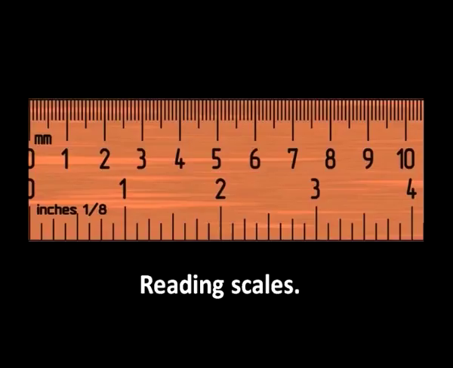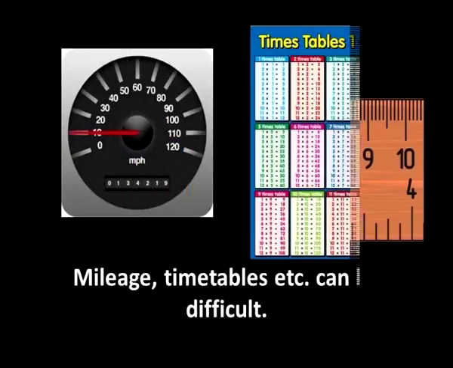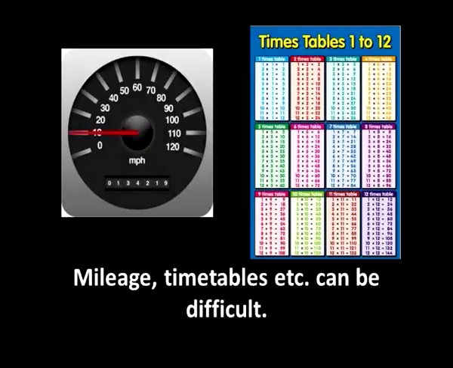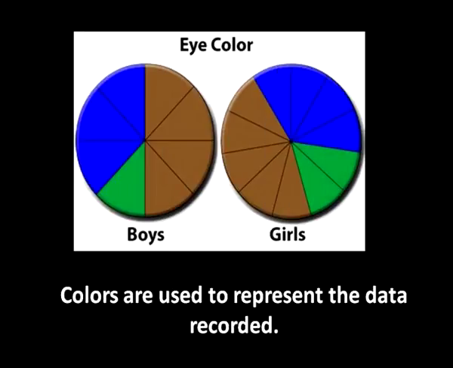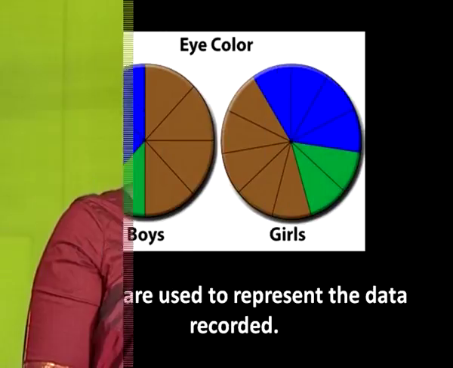Handling data: dyslexic learners reading scales and two-way tables, for example mileage timetables, can be difficult. Clearly labeled diagrams may be interpreted more easily if different colors are used to represent the data recorded. They may have problems understanding the different types of averages.